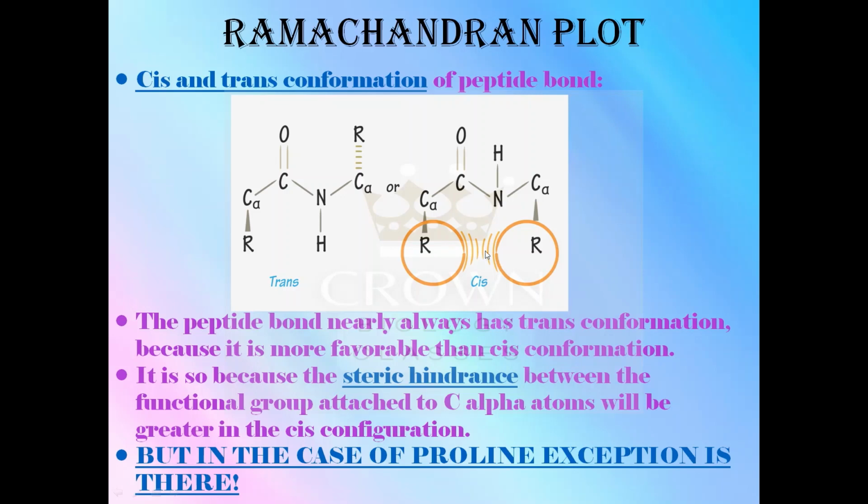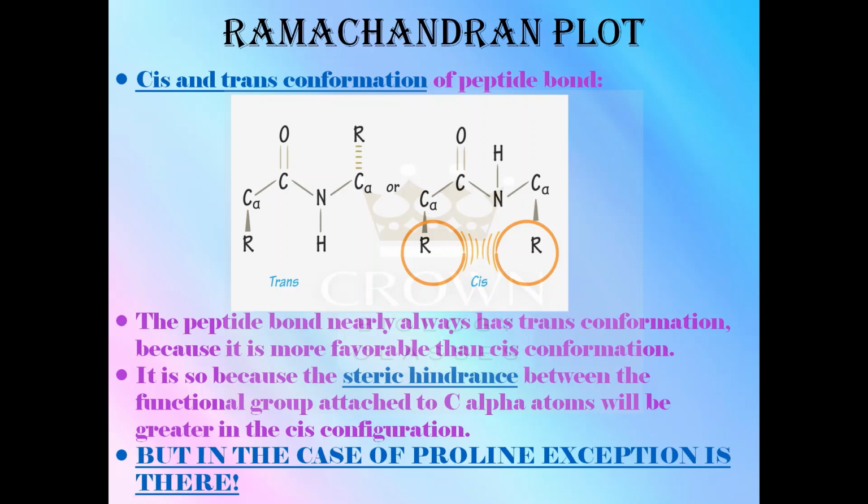These alkyl groups are bulky and are responsible for steric hindrance. Steric hindrance is nothing but crowding. So trans conformation is favored. It is so because the steric hindrance between the functional groups attached to the C alpha atoms will be greater in the cis conformation.